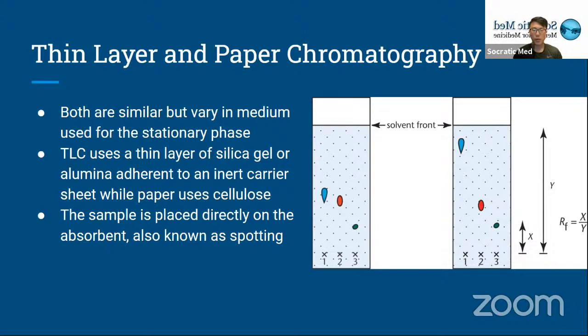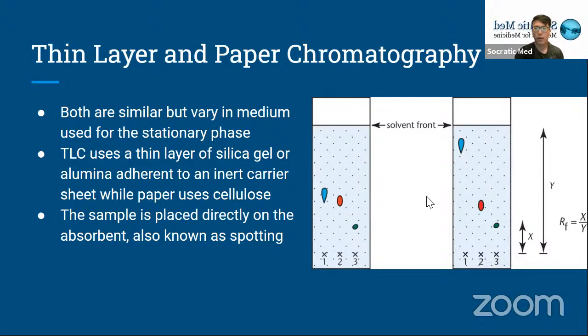So like I said before, spotting is when you put the sample directly onto the absorbent at the bottom. So this sample will be placed on the stationary phase. And then once the mobile phase carries the sample through the stationary phase, it'll move it to different distances on that stationary phase.